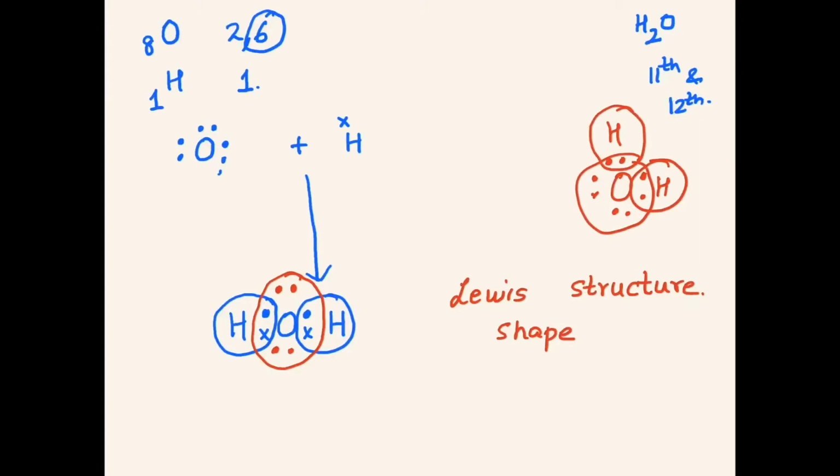It could be any shape. So Lewis structures, when drawn, do not talk about the shape of the molecule. So we needed a theory in order to define or describe the geometry of a molecule, and that is why the VSEPR theory was proposed.